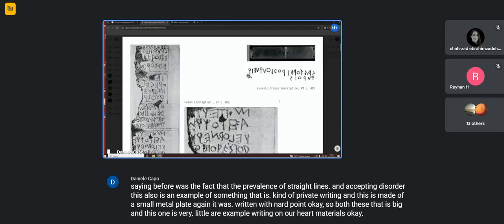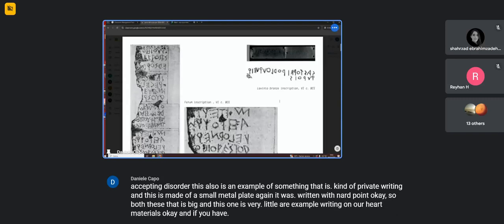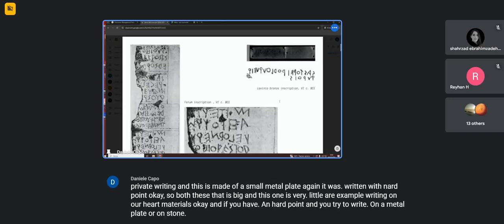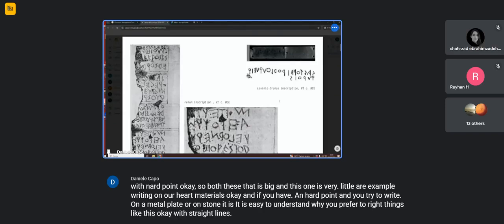And if you have a hard point and you try to write on a metal plate or on stone, it is easy to understand why you prefer to write things like this, with straight lines.